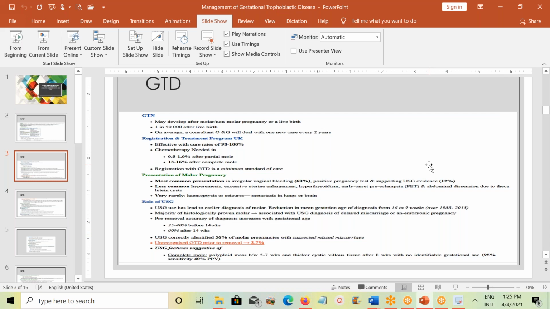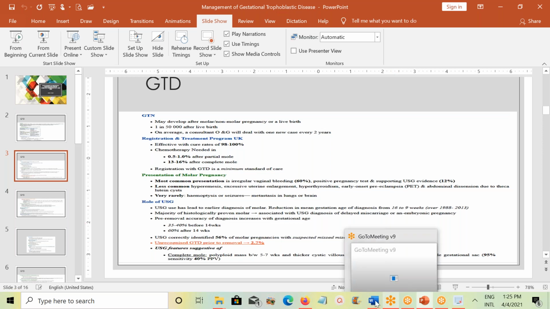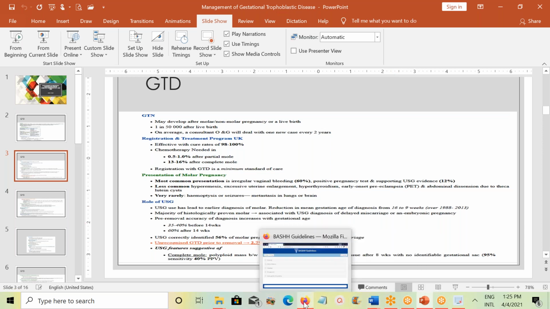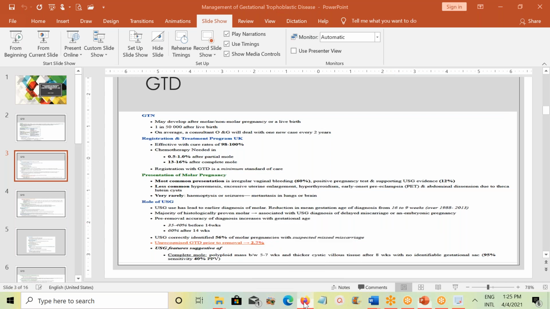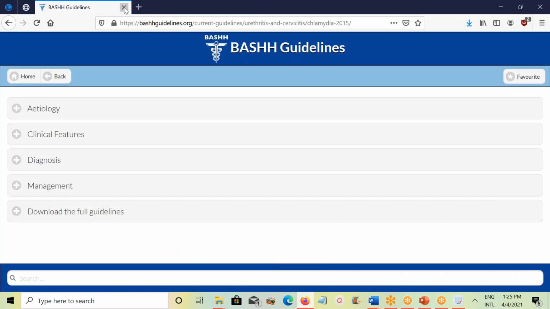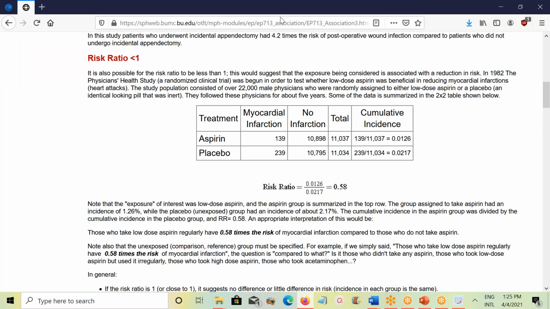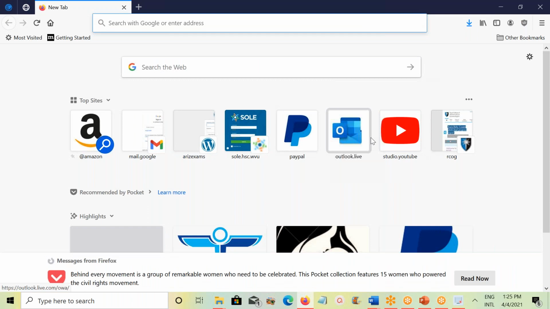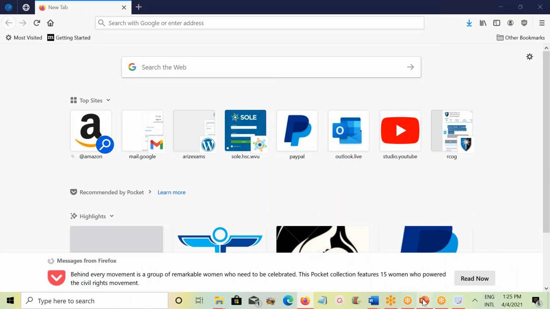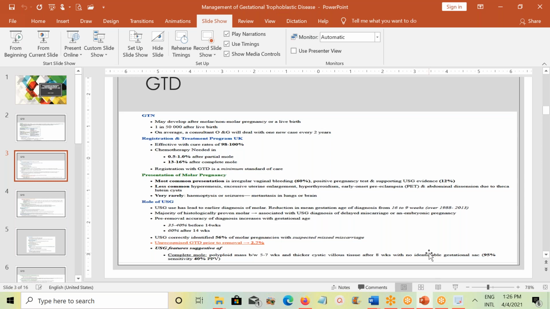They can present with excessive bleeding, or, as we said, hyperemesis. But usually after miscarriage, they come with continuous bleeding. This is one of the presentations after the miscarriage.